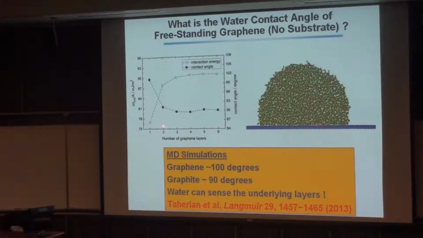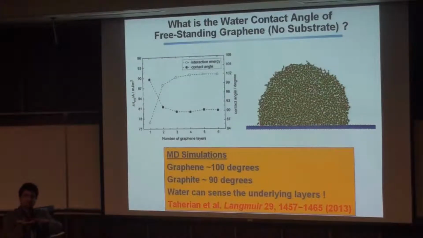So when you add the second graphene layer, so if you take bi-layer graphene, the contact angle drops from 102 to this value. You take tri-layer graphene, 3 layers of graphene, it drops further, 4 layers, 5 layers, and 6 layers, then it's sort of stable over here. So what these guys are showing is that it's not a pure surface effect.